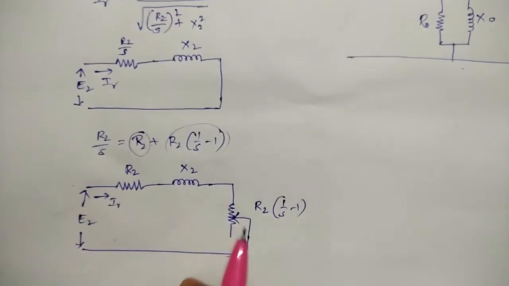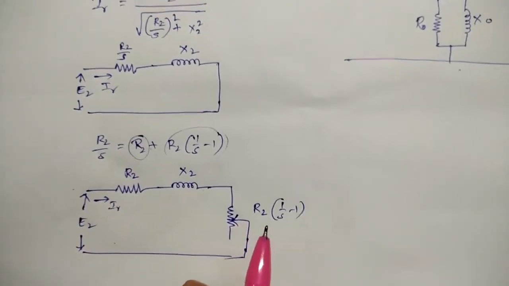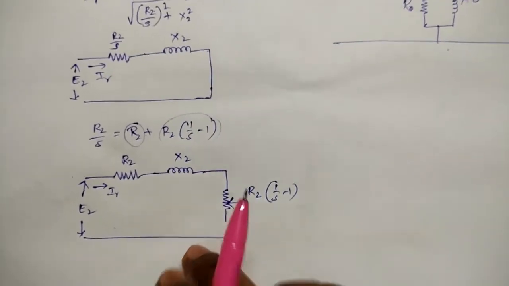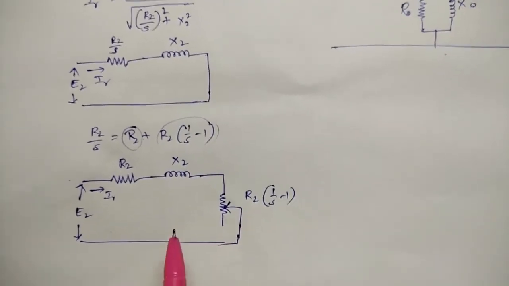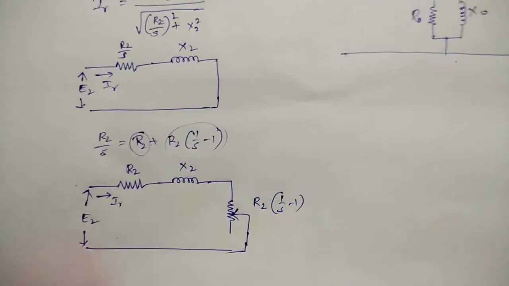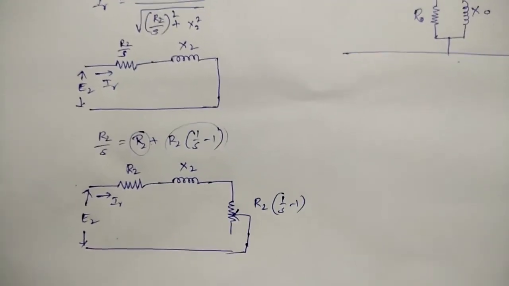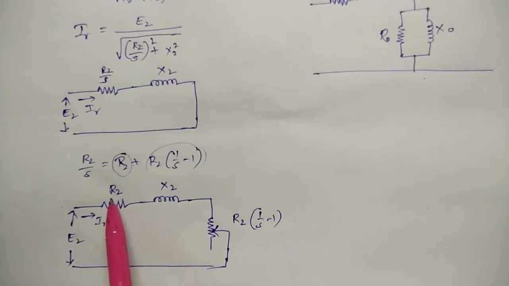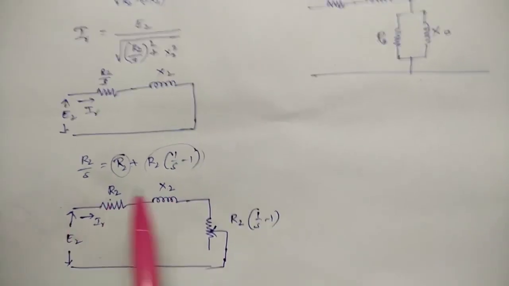This one is the rotor equivalent circuit. Now this is on the secondary, the rotor side. So I am taking all the parameters to the primary side. This becomes R2 dash and this will be X2 dash.